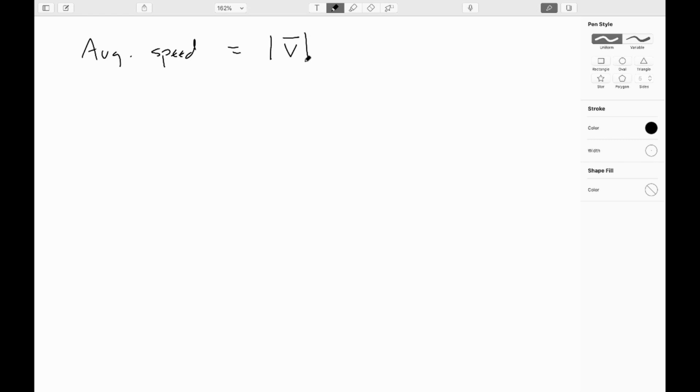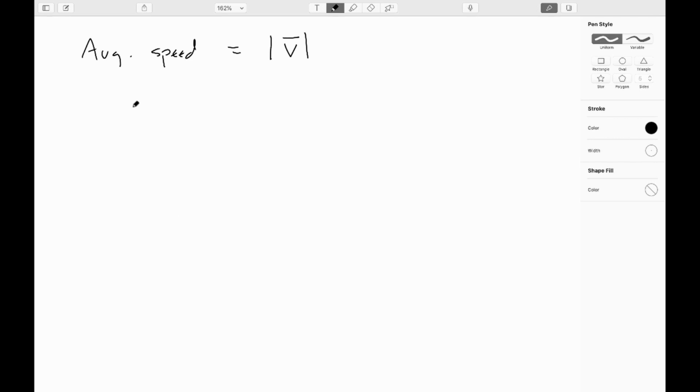Because remember, speed is a scalar. It simply says how fast you're going without caring about direction. So if I take the absolute value, that throws away any minus signs I might have, so that I'll always get a positive number. But remember, when you do that, you have thrown away direction information.